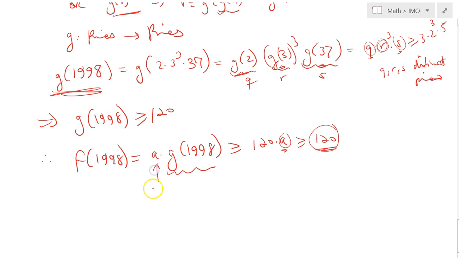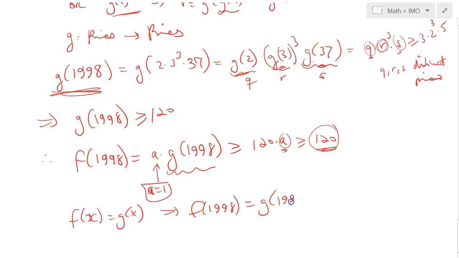And a, we will simply take a equals 1, so our function f of x is equal to g of x. As such, f of 1998 would simply be equal to g of 1998.